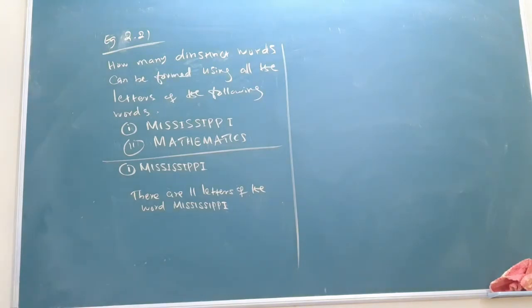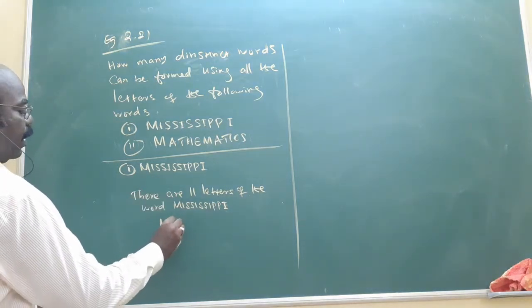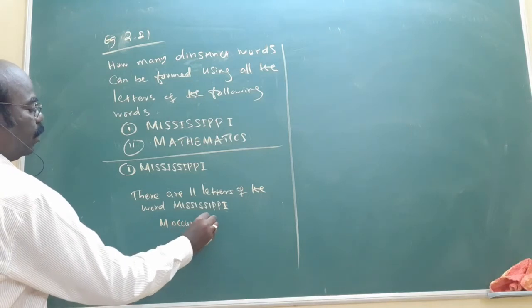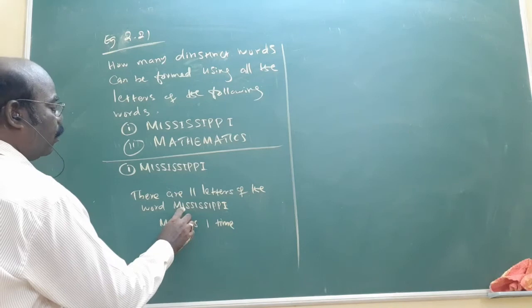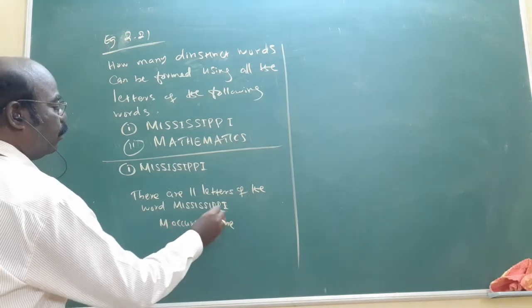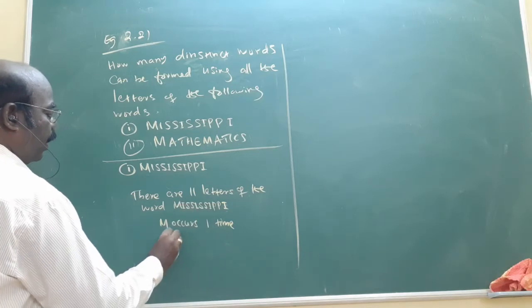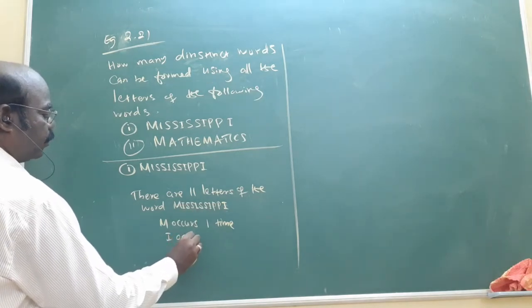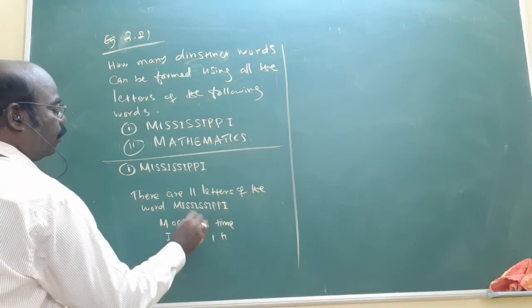Now, in this word, M occurs first, only once. Am I correct? Next I occurs 1, 2, 3, 4, so 4 times.